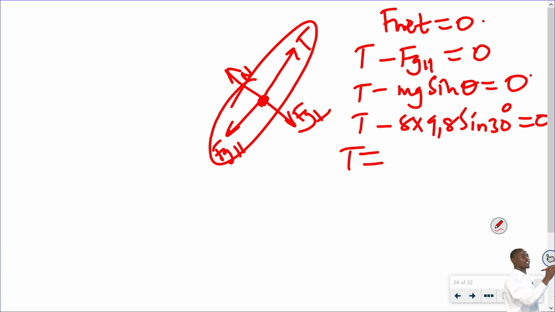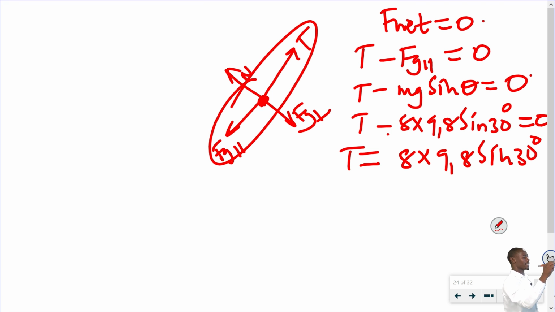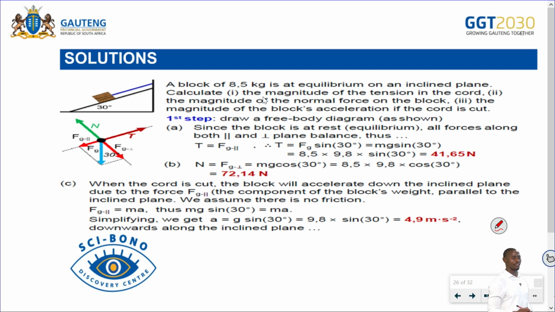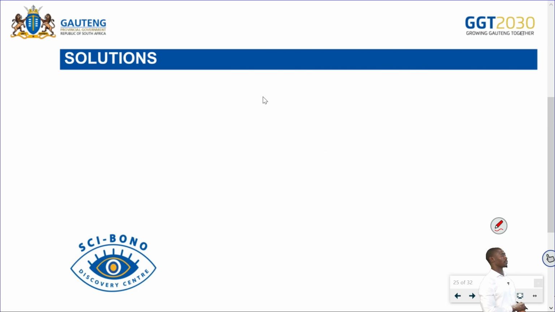So which means that your tension will be equal to, transposing this, 8.5 times 9.8 sine 30 degrees. So the magnitude of tension is 41.65 newtons.